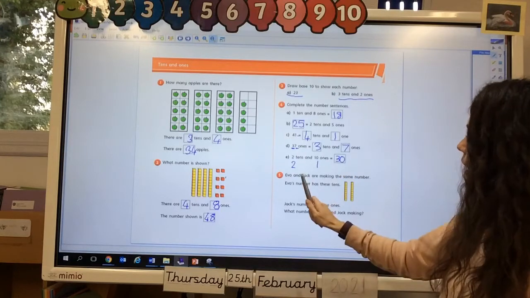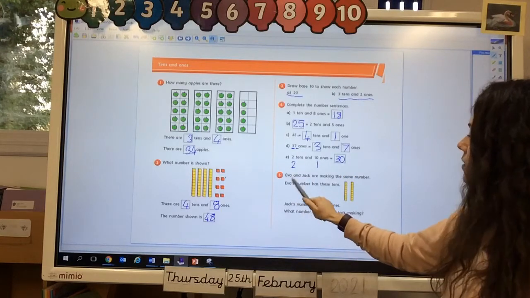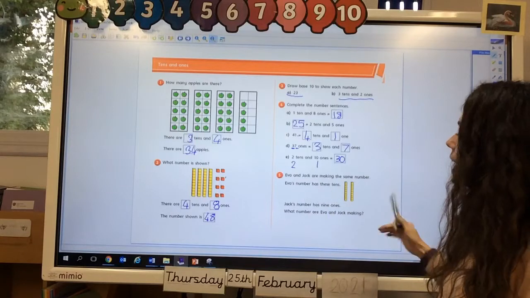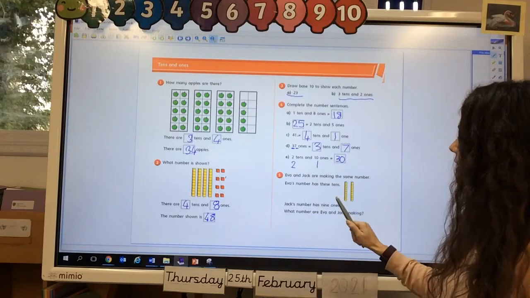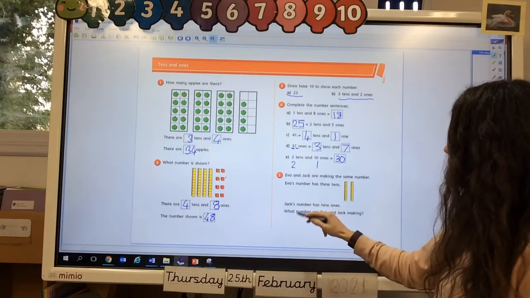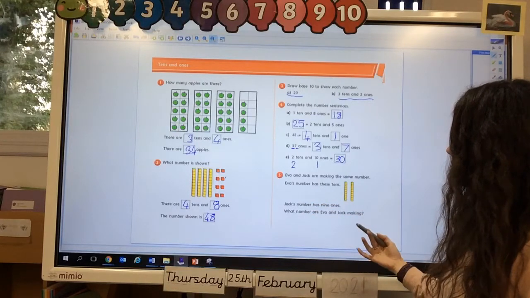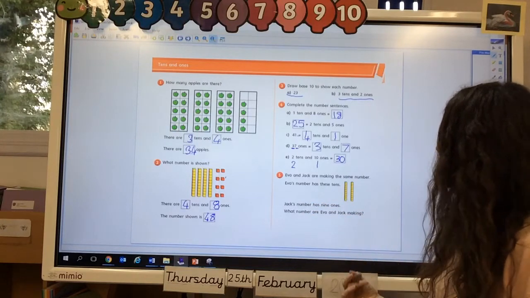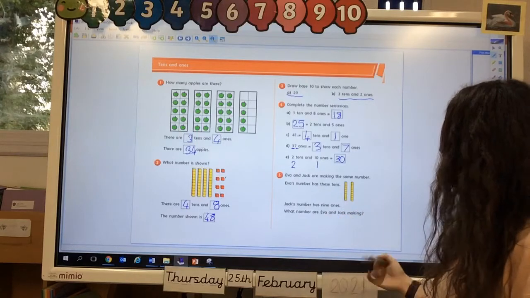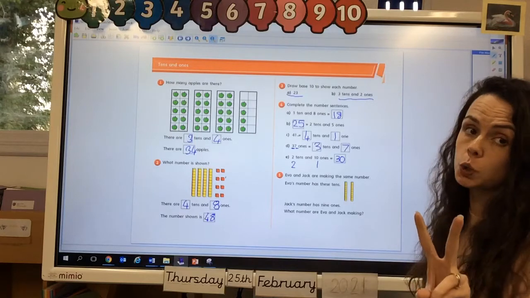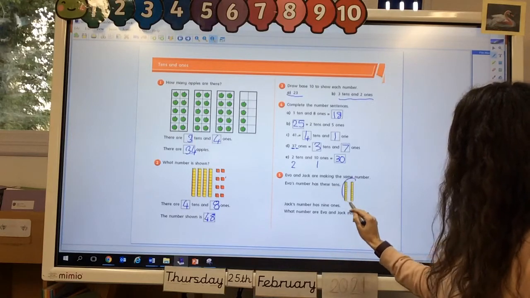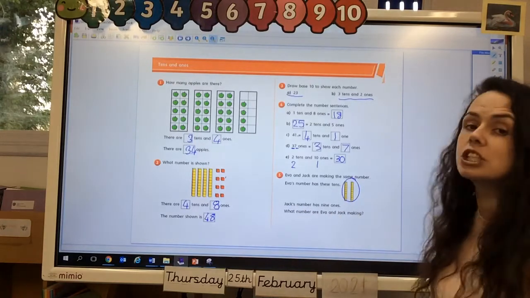Well done. Now, our last question is, Eva and Jack are making the same number. Eva has 2 tens. Jack has 9 ones. What number are Eva and Jack making? So if Eva has 2 tens, she has these 2 tens here, and Jack has 9 ones.